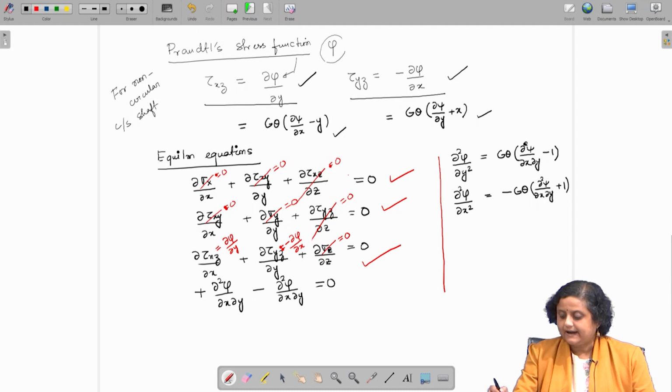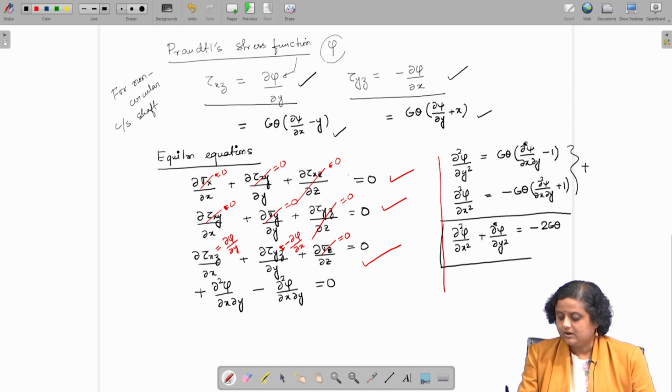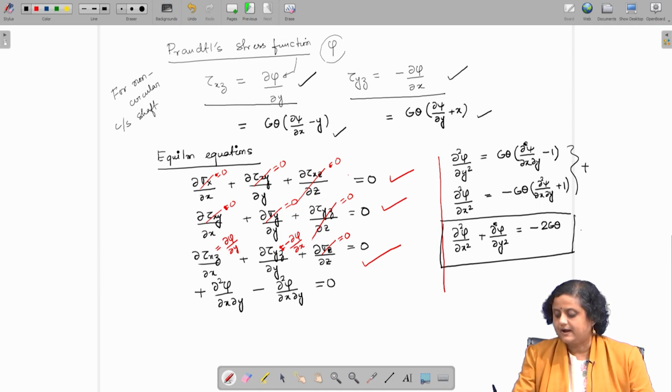Now, if I add these two up, then del 2 phi by del x square plus del 2 phi by del y square can be written as minus 2 G theta. Therefore, this is a criterion on the Prandtl stress function phi.